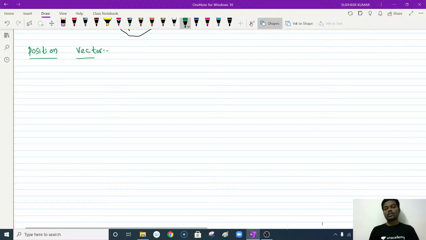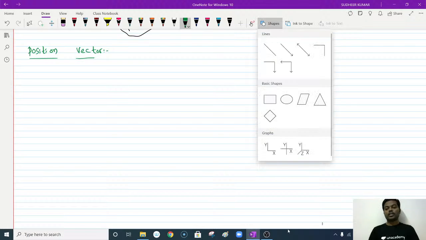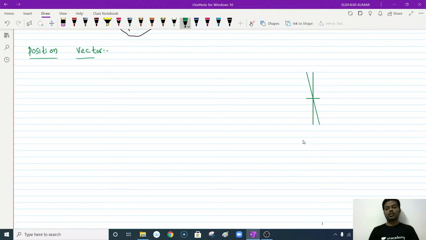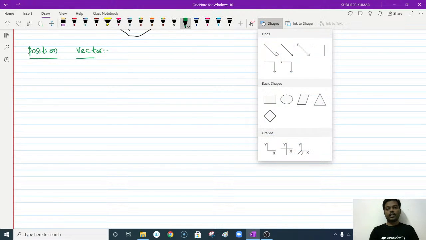If you take three-dimensional geometry, let us draw this one. Consider this as an axis. Next, this is another axis.